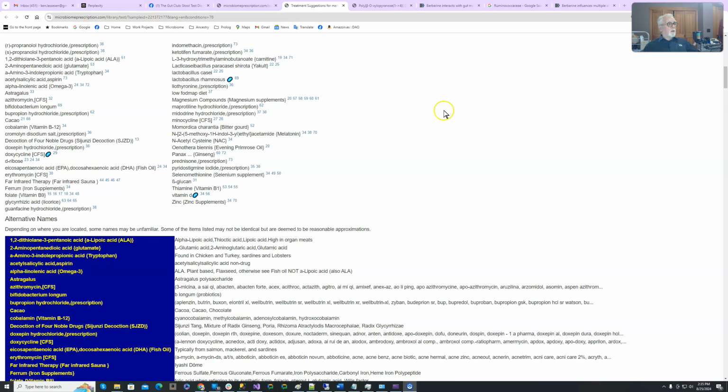So what we have here, as you can see, is a pretty impressive list of things which we computed to take, which are all supported as being wise to take from clinical studies on humans. So the algorithm was evolved and tuned with that being the goal. We wanted agreement between what is suggested from bacterial shift and what has been found clinically to help people with certain conditions.